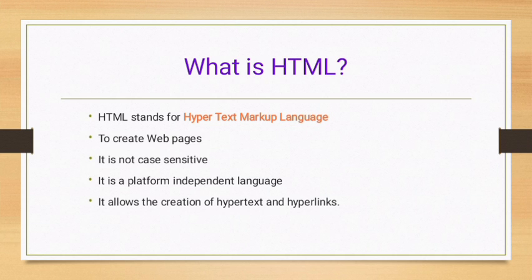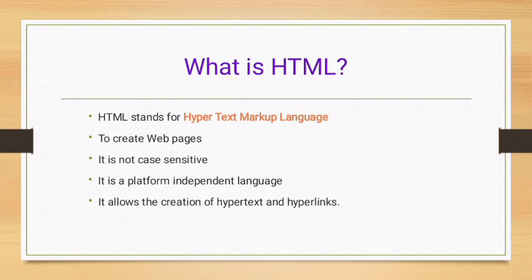You may see in some web pages when you click on about us, it will lead to another page. When you click on contact us, it will open another web page. If you click on any careers link, it will open the corresponding web page. That is what hyperlinks are. So these are the features of HTML language.